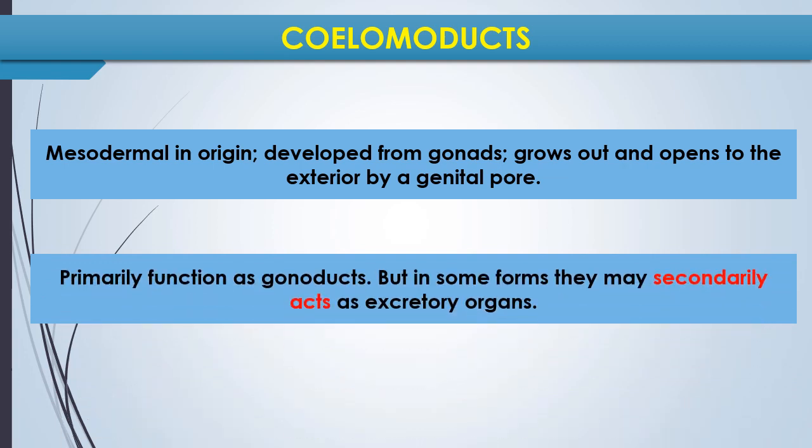They carry the gametes to the exterior, and along with the gametes, they also expel some sorts of excretory products. Therefore, they act as secondary excretory organs in these organisms.